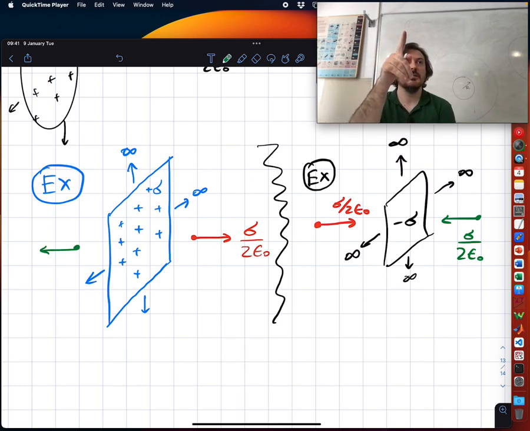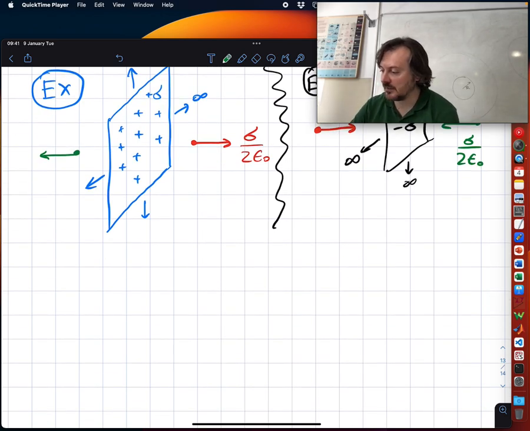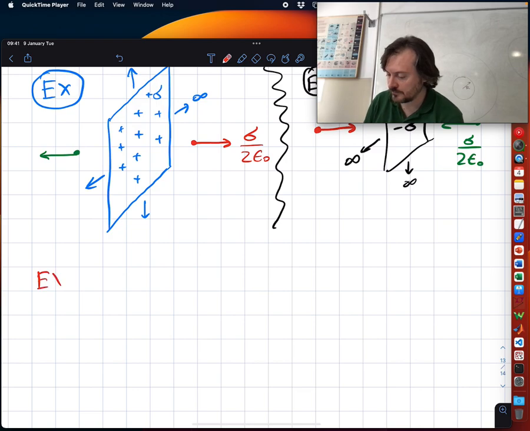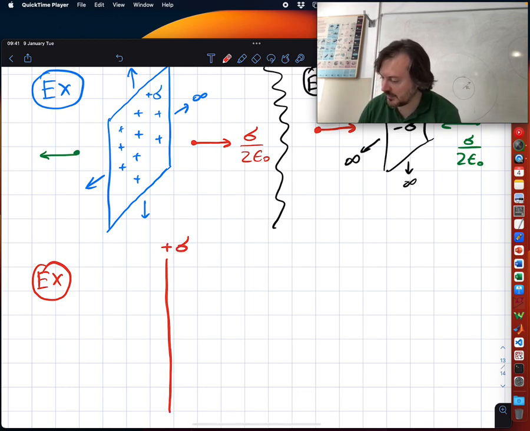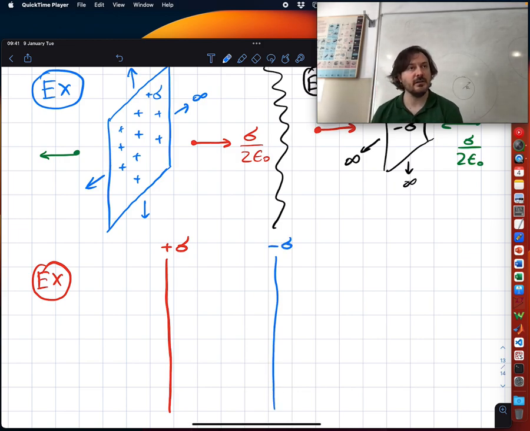Any other questions? Now let's bring these two examples together. Let's say I have an infinite plane of plus sigma here and an infinite plane of minus sigma here. Do you understand this? So what is the electric field at this point, and at this point?